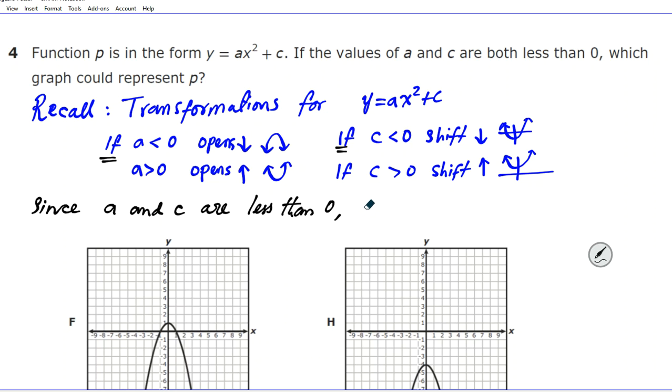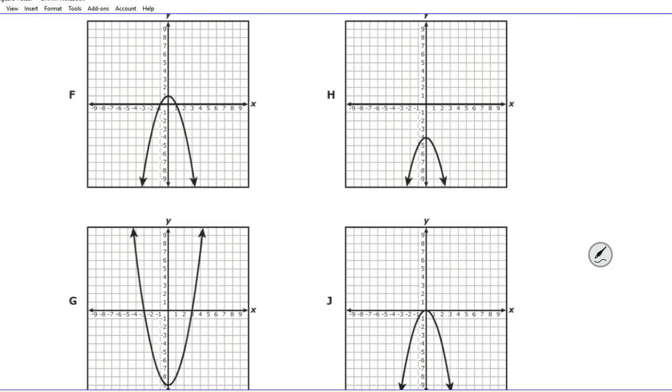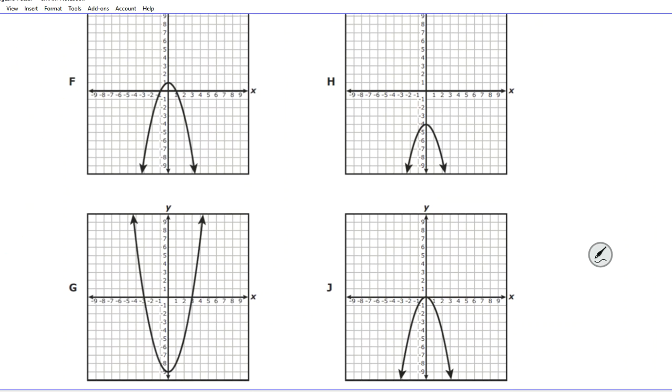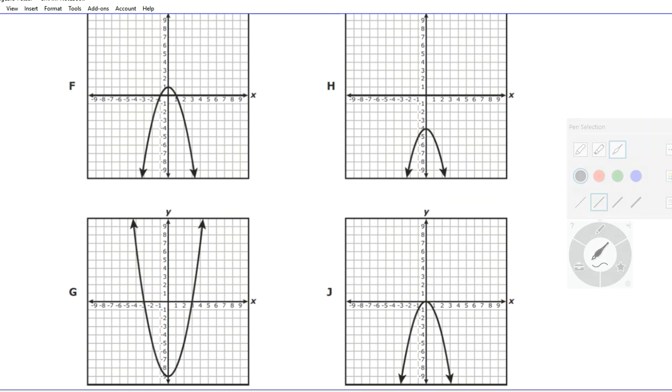So we have a situation where the parabola opens down, okay, and it is shifted down. So what we're doing is we're looking for a parabola that opens downwards and the vertex has been shifted downwards too. So let's ID our vertices.